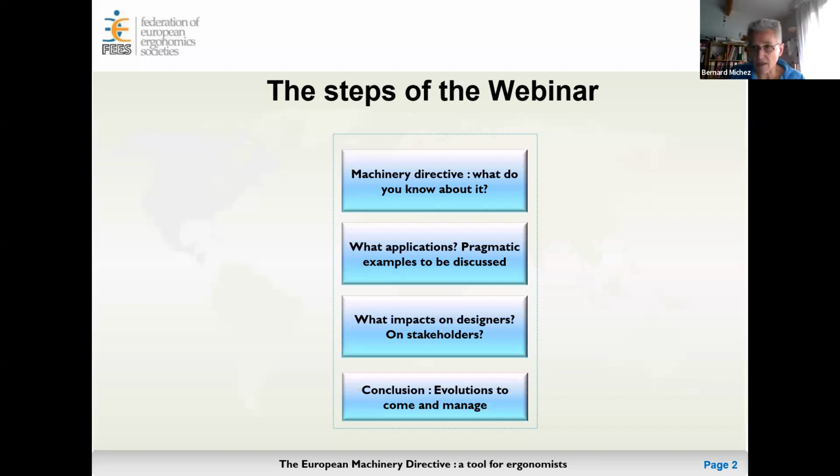The impacts on designers, the impacts on the design process, which are important if you want to commercialize a product or receive a product. So manufacturers and owners are concerned. And some evolutions to come by the working groups in the European community.